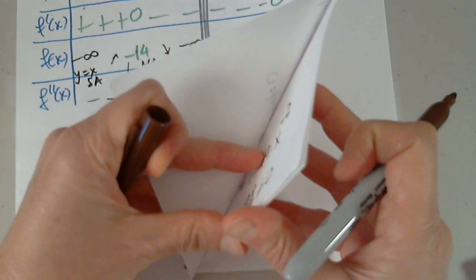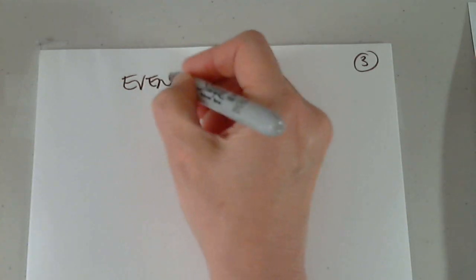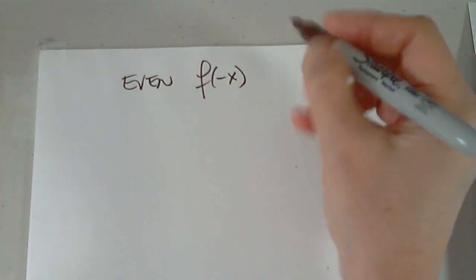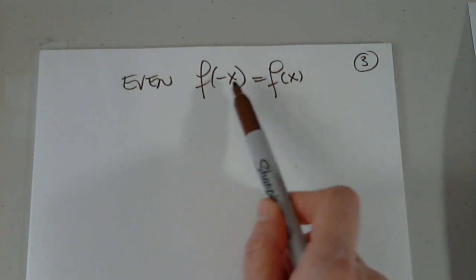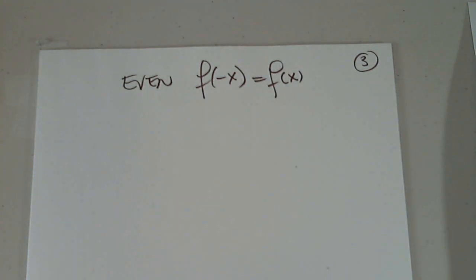And the function is symmetric, so I have to mention that. And let me refresh your memory on symmetry. For even functions, f of negative x is the same as the function. So if I have x in the function or negative x in the function, it makes no difference.